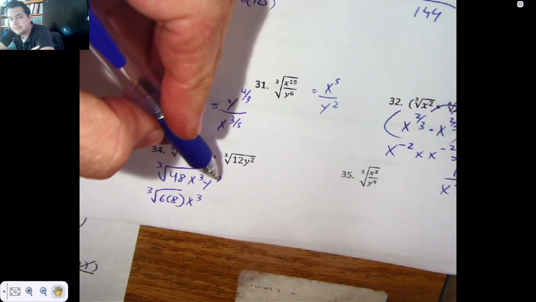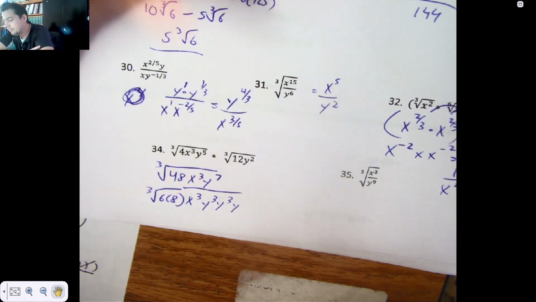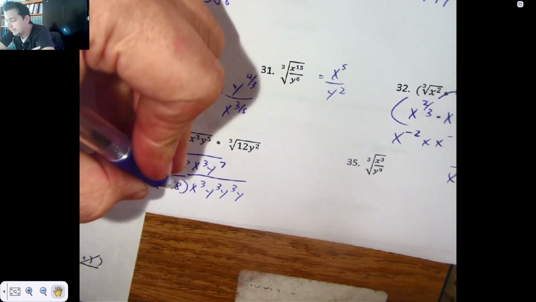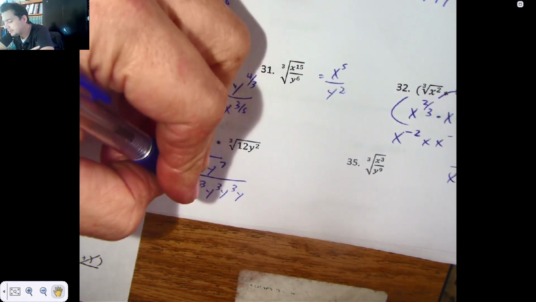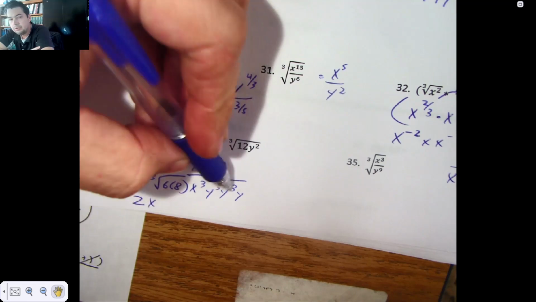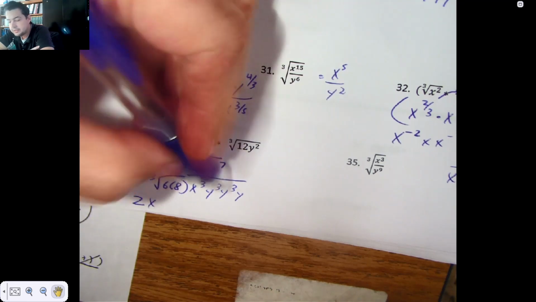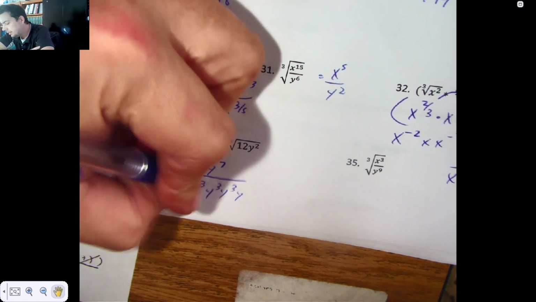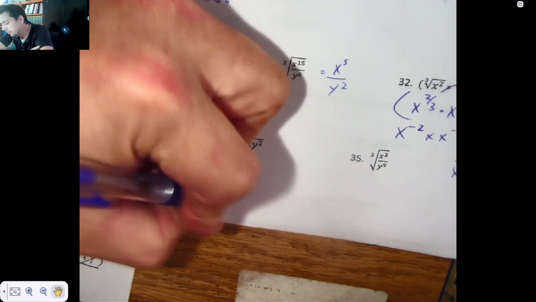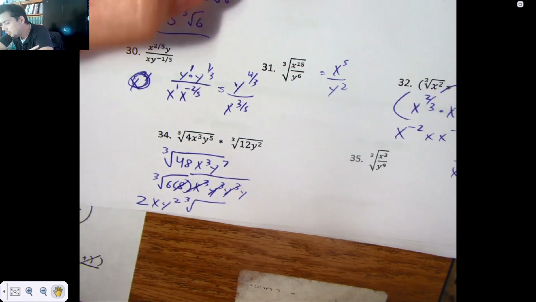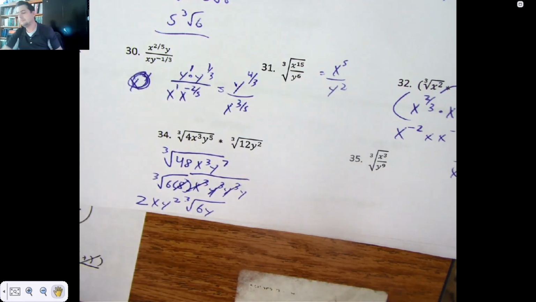We're going to rewrite y to the 7th as y cubed, y. So the cubic root of 8 is 2. The cubic root of x cubed is x. The cubic root of each of these y's is y, and y times y is y squared. So I threw away the 8. I'm left with the cubic root of 6y on the interior.